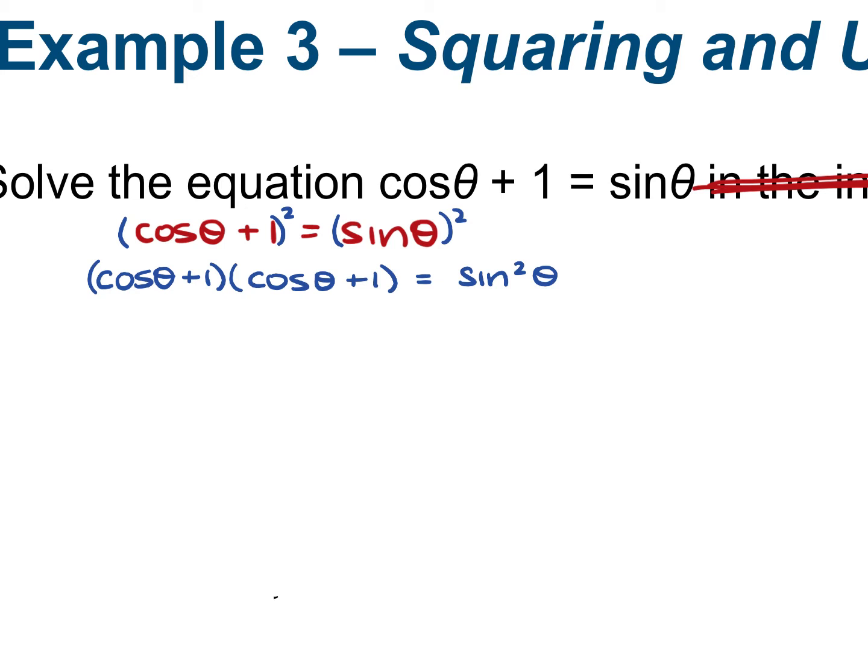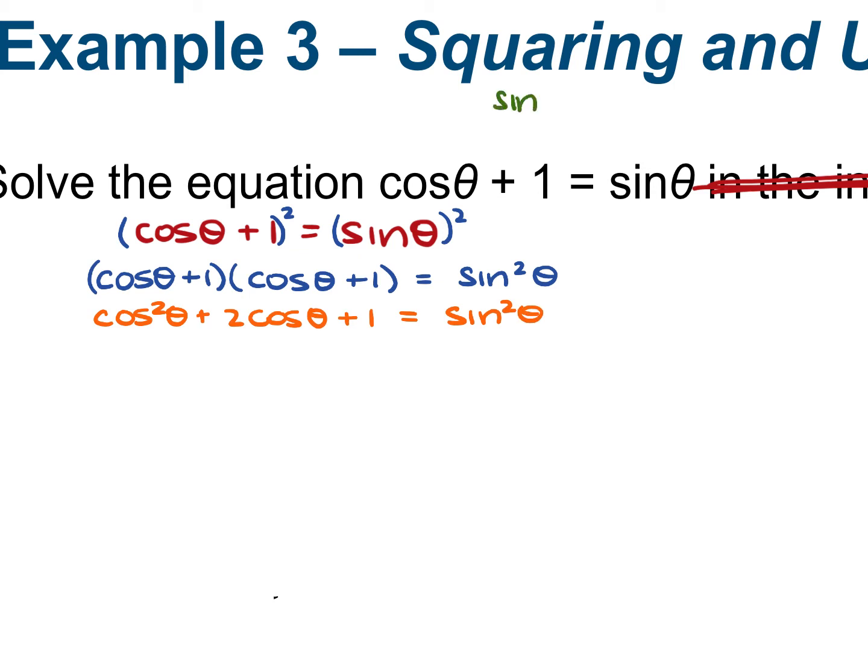That cosine theta plus 1 times cosine theta plus 1, FOIL it. This is going to leave you with cosine squared theta plus 2 cosine theta plus 1 is equal to sine squared theta.